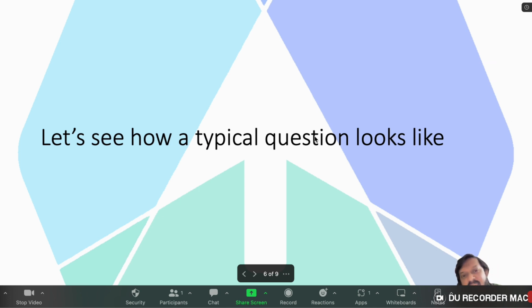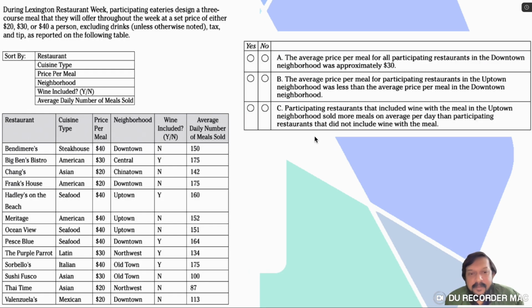Now let's see how the questions look. This is a tabular analysis question. You can see here that the data has been arranged, giving the name of the restaurant, the cuisine type, the price per meal, neighborhood, wine included or not, and average number of meals sold.